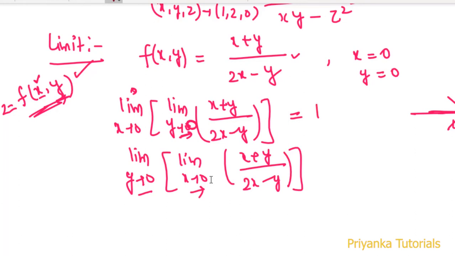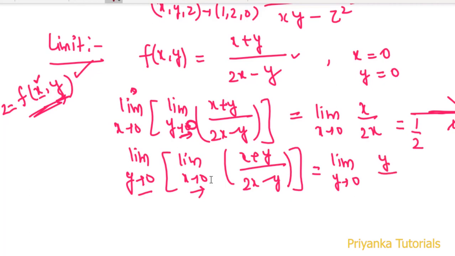Now you just substitute y as 0. So it will be limit x tending to 0, x by 2x. Then what will its value be? 1 by 2. If you solve this problem here, you just keep x as 0. So it will give you limit y tending to 0, y upon minus y. So it will give you the value minus 1.